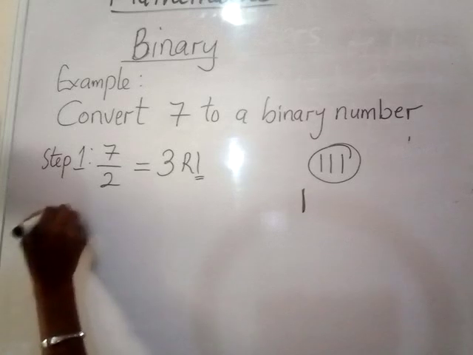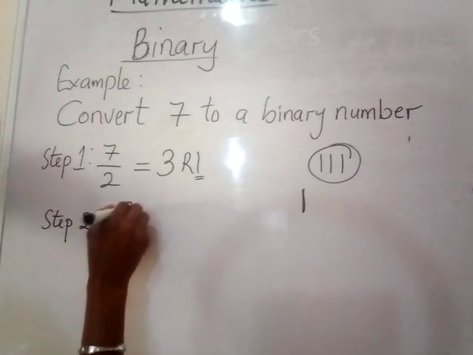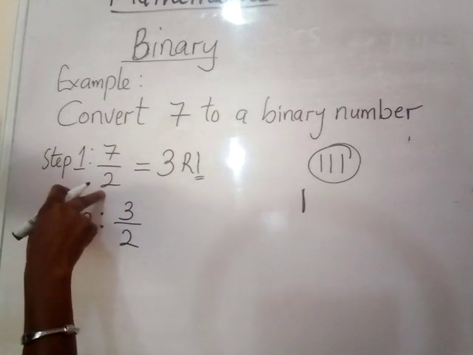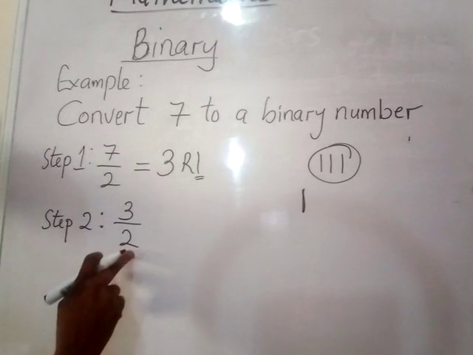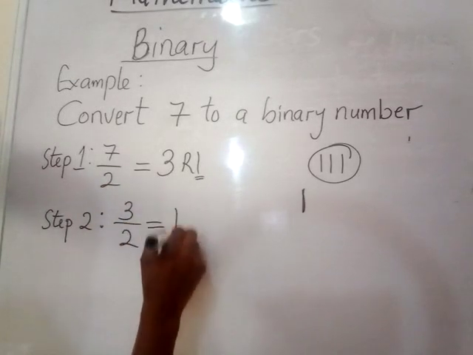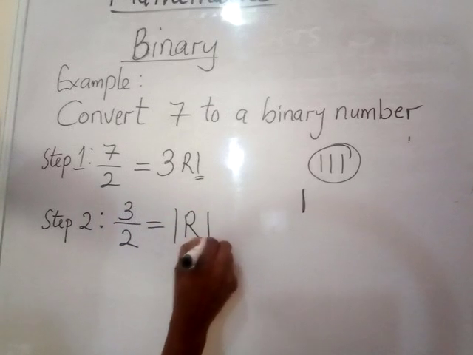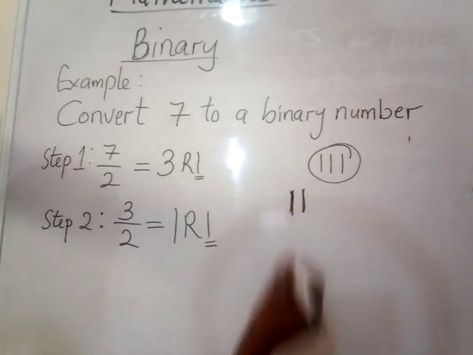So step 2, you do your 3 divided by 2. Remember, 2 is the constant number you are dividing with. So 3 divided by 2 will give you 1. 2 can divide 3 only once, and there is also a remainder of 1. Mark that remainder, bring it here, write it to the left of the number you already wrote.